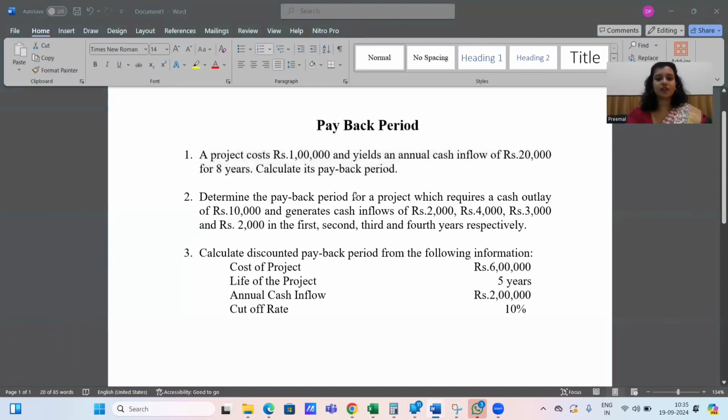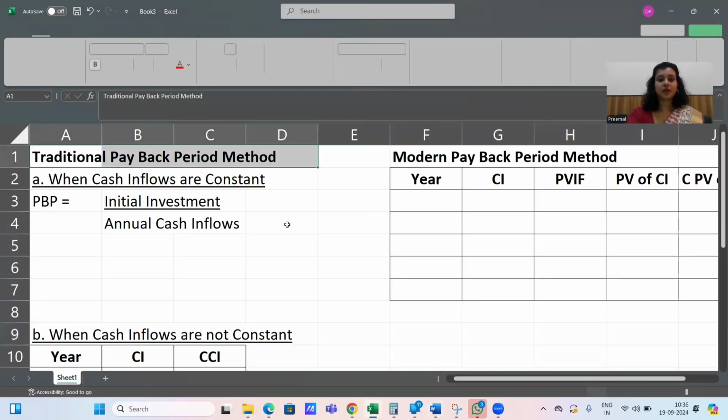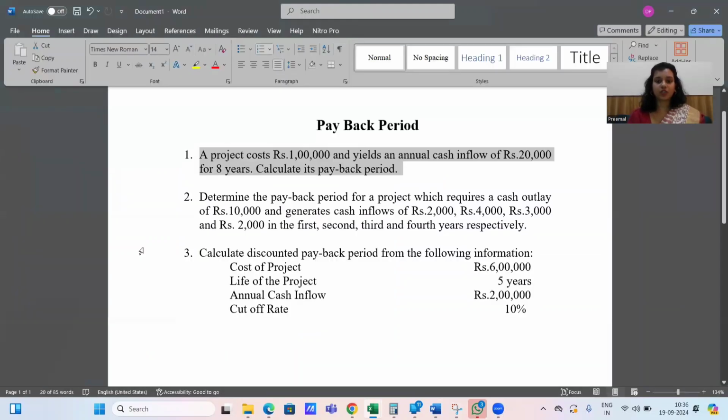Let's look at this. So we are working out this sum under the traditional payback period method. And the first question was when cash flows are constant. The formula is payback period is equal to initial investment divided by annual cash inflows. The initial investment is the cost of the project or the initial outlay.